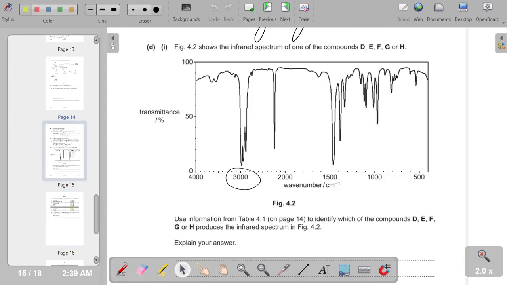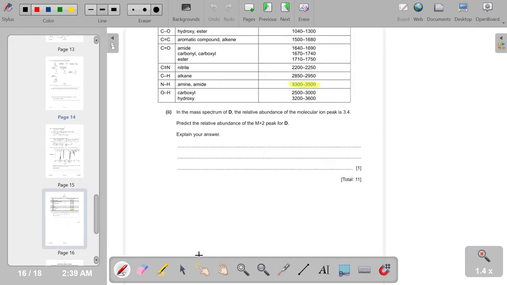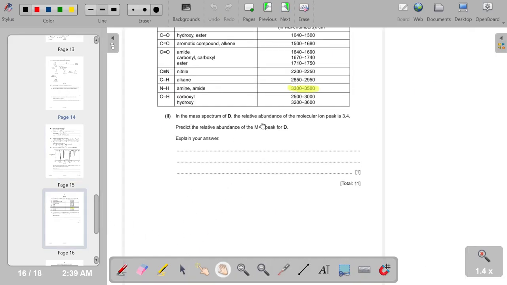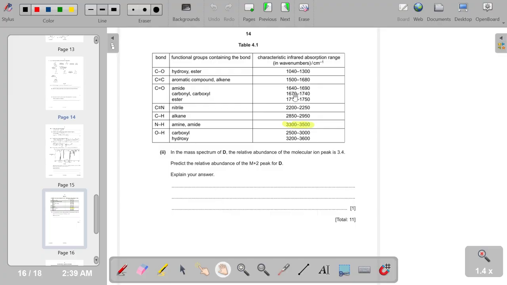For example, what is happening in this 1500, if I see here. Okay, and between this region, the broad area, between 1500 to 2000. If I go there, let me check from here. So here we can see 1500 to 1680, aromatic compound or alkene. Yes, it is possible for alkene because we have that alkene there. Is it clear? Is there any other possibility?